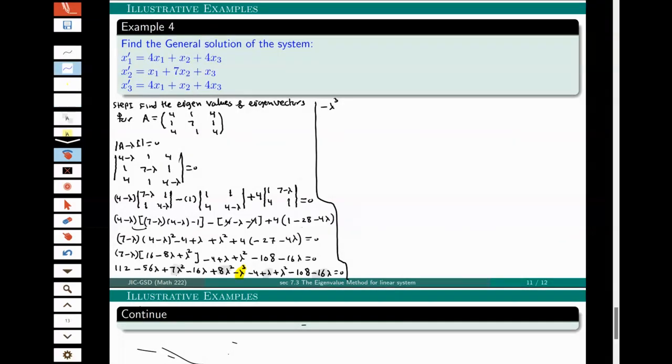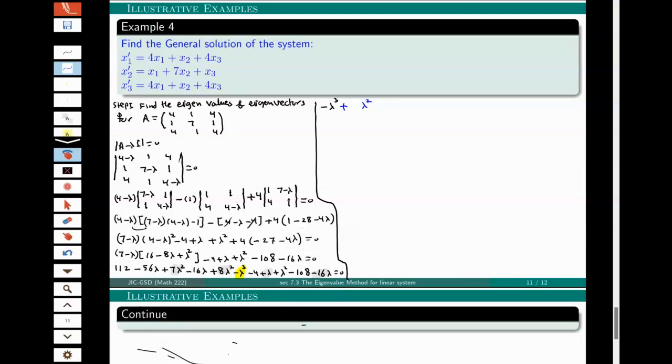7 plus 8, 15. 15 plus 1. So that's just 15 lambda squared. Okay, so I have 7 plus 8, which is 15, plus, so that will be 16.